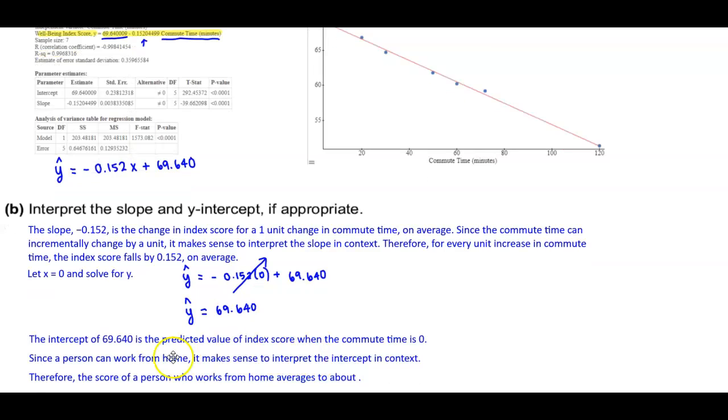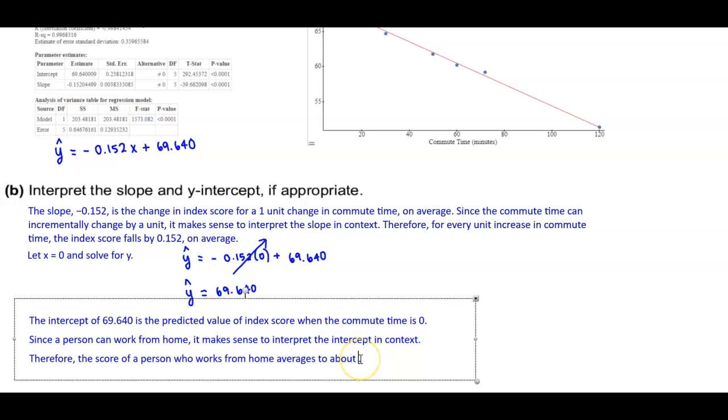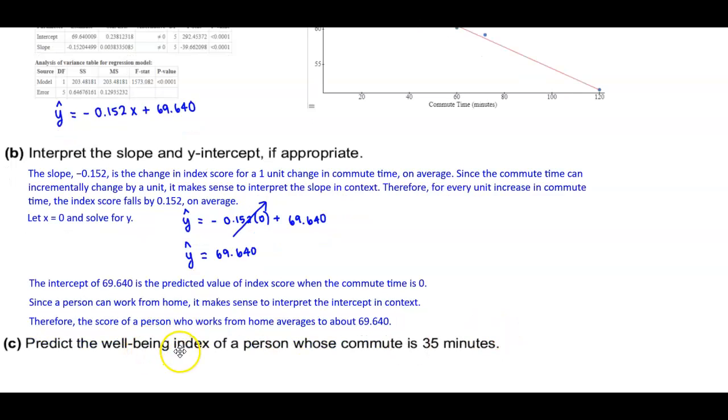It tells us that the intercept of 69.640 is the predicted value of the index score when the commute time is 0. Since a person can work from home, it makes sense to interpret the intercept in context. Therefore, the score of a person who works from home averages about 69.640.